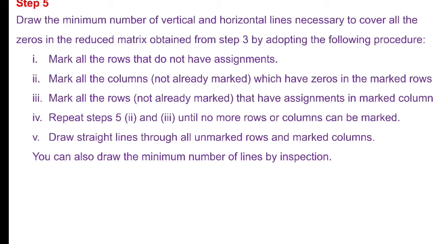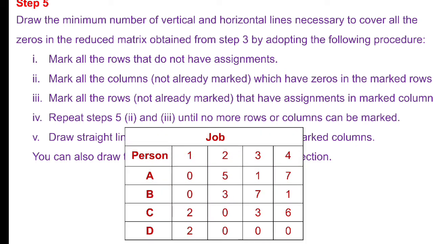Now we can draw the minimum number of lines by the inspection method of assigning zeros. Row-wise and column-wise, we should get only one 0 in every row and every column.